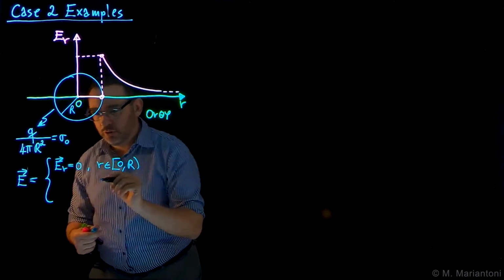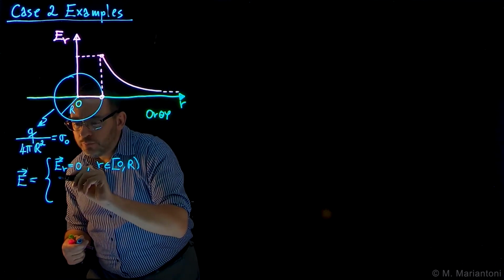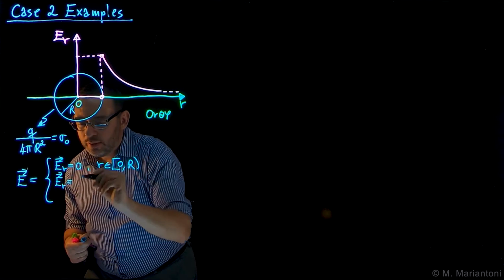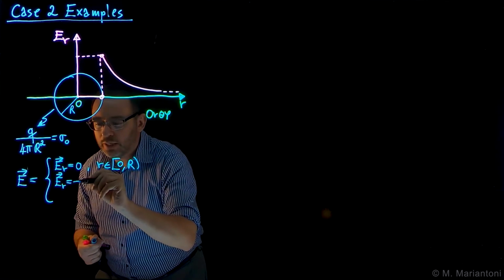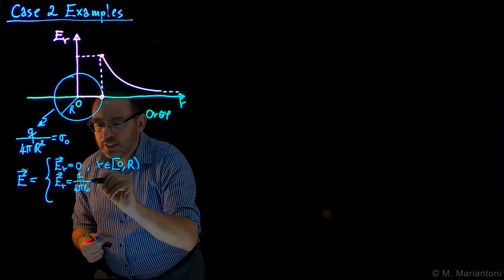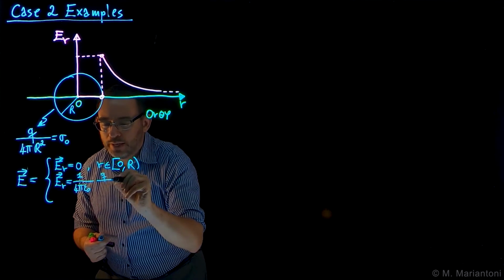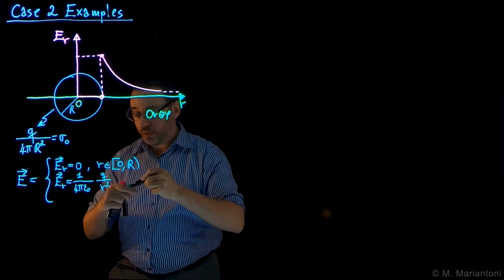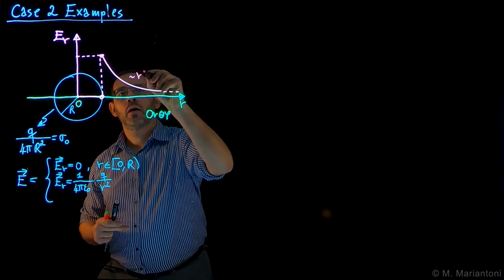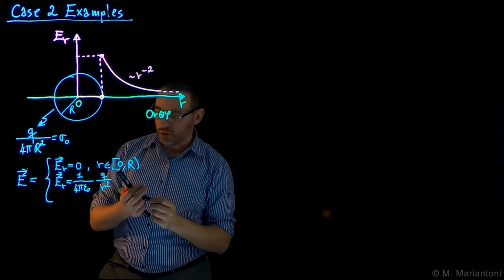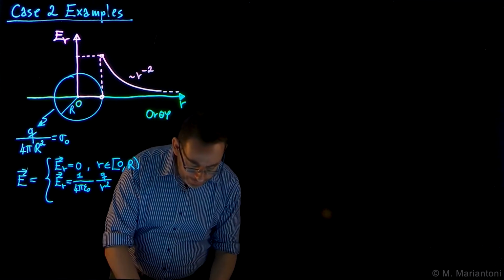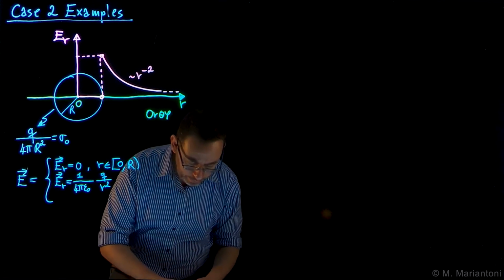We will see now it has to be excluded. In addition, we know that E_r has to be, according to Coulomb's law, 1 over 4 pi epsilon naught Q divided by r squared. So it has to go as r to the minus 2, 1 over r squared, obviously, times u_r, which is the direction we want to have in this case.